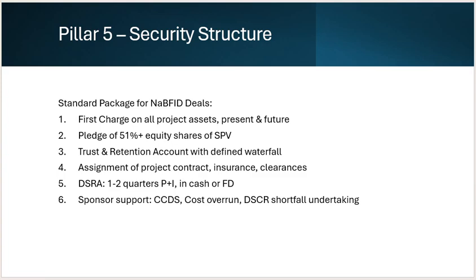If there is any uncertain event like COVID-19 for some duration, and the sponsor is not able to pay the principal and the interest, we cover that from the DSRA account. And the sponsor support: CCDs, or the cost overrun and debt service reserve account shortfall undertaking, need to be considered.